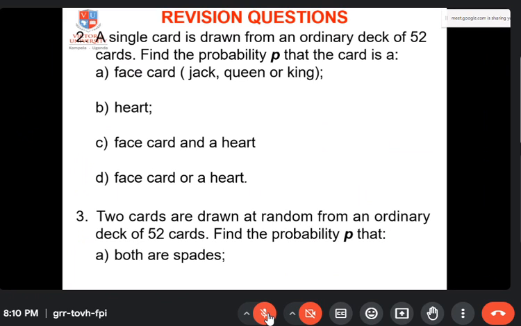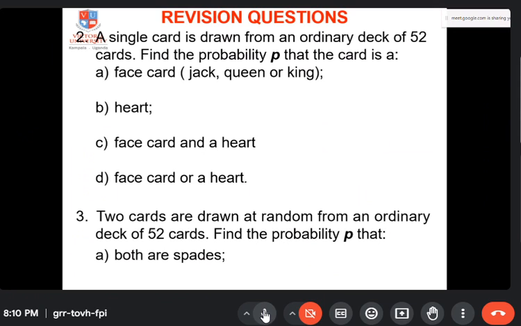And what is the total number of cards now? Okay, so what is the probability of picking a spade from the 51 cards? (12 out of 51). Very good.